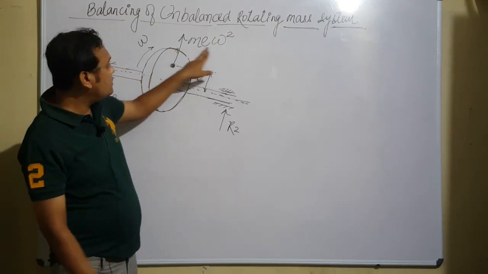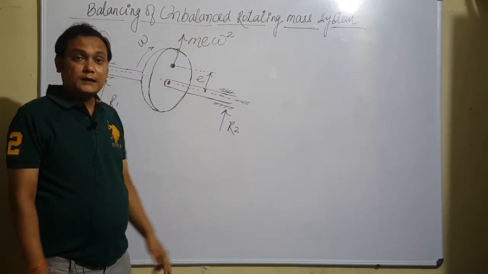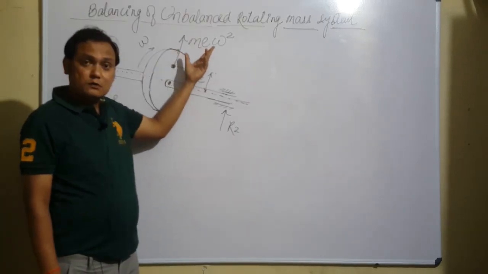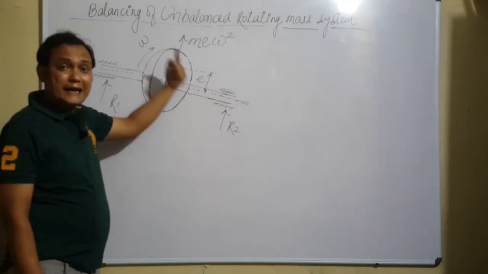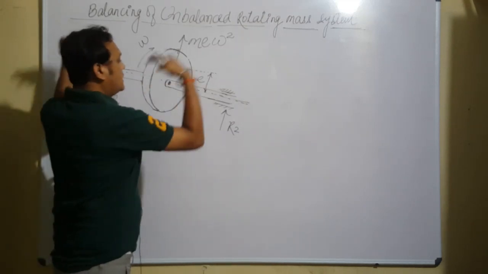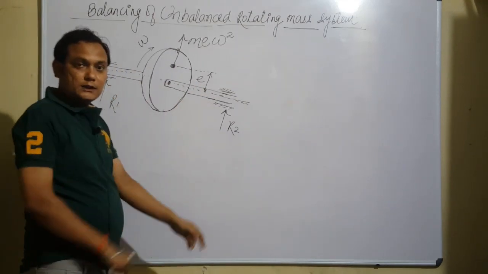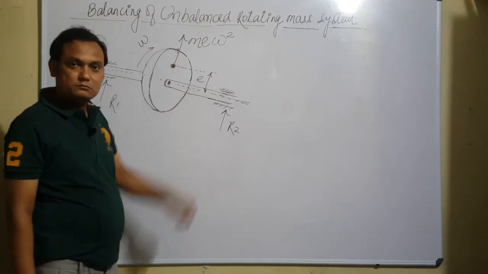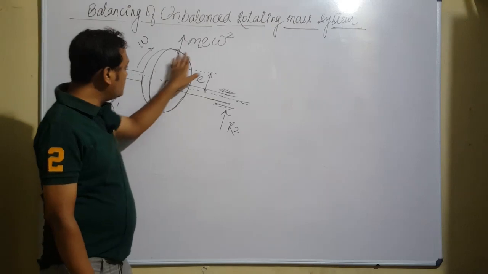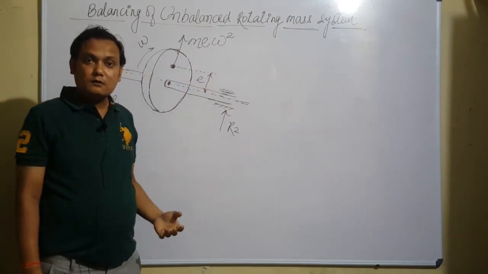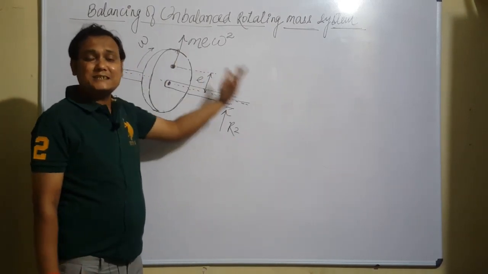And you just observe about the centrifugal force. This centrifugal force is going to change its direction continuously along with the rotation of the shaft. The center of mass is going to rotate, and so the centrifugal force also. So although constant in magnitude, but continuously changing its direction.